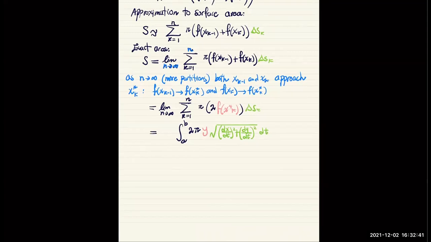So let me write the theorem down, the surface area theorem. We'll just do it here. This is just arc length. It is like arc length, the statement with a couple of extra requirements.